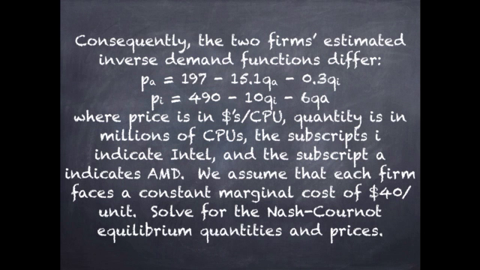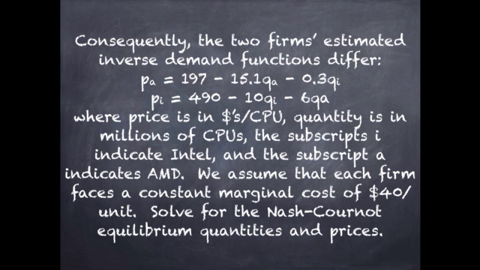For AMD, PA is equal to 197 minus 15.1 QA minus 0.3 QI. And for Intel, PI is equal to 490 minus 10 QI minus 6 QA, where price is in dollars per CPU and quantity is in millions of CPUs. The subscript I indicates Intel, and the subscript A indicates AMD.